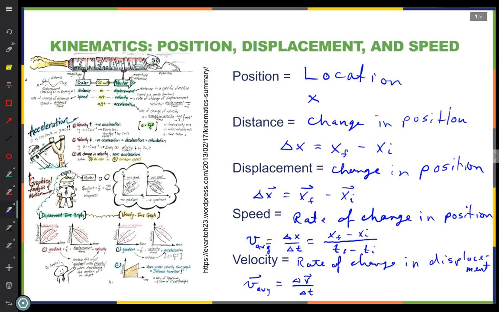So your average velocity equation is just like your average speed equation, except you're using displacement. So if I did my one lap, my average speed might be 4 miles an hour. My average velocity, 0. So we understand all of these terms? Any questions about those terms at all?